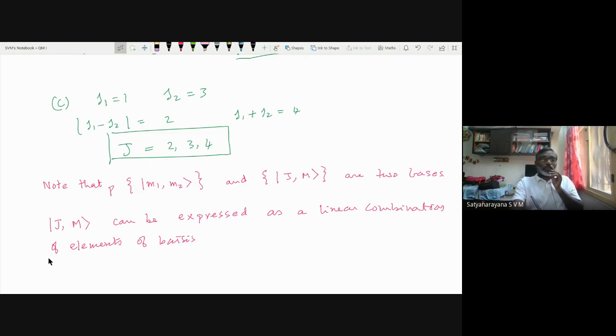Okay, so maybe let me call this basis B1 and let me call this basis B2.